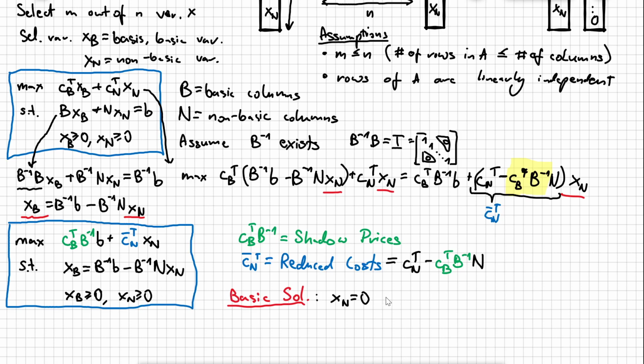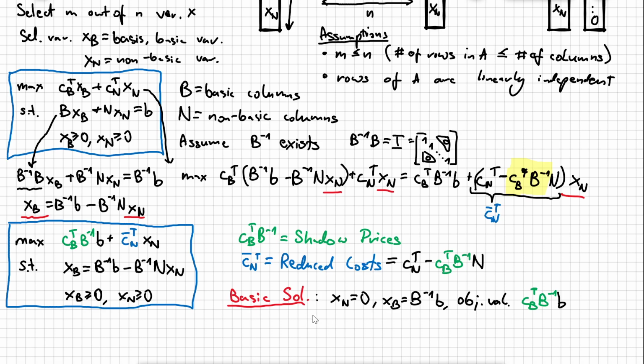So we can say that in this case xB equals B minus 1 multiplied by b. Of course it depends on xn, but now xn is 0, this part disappears. And then we can say also that the objective value is, using green again to emphasize these are the shadow prices, cB transposed B minus 1 times small b, right?